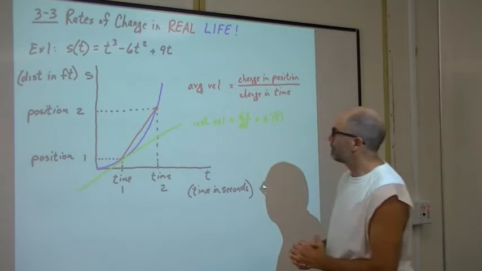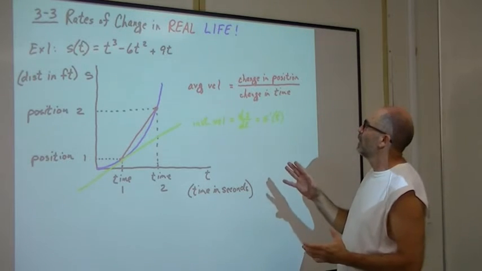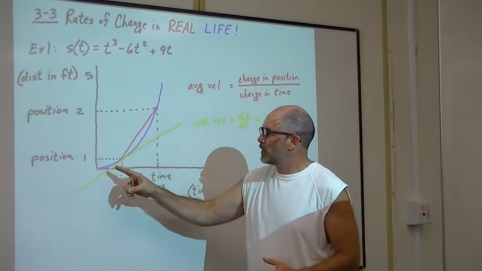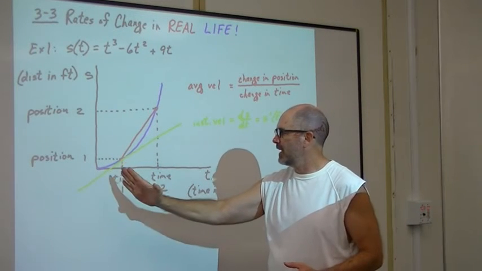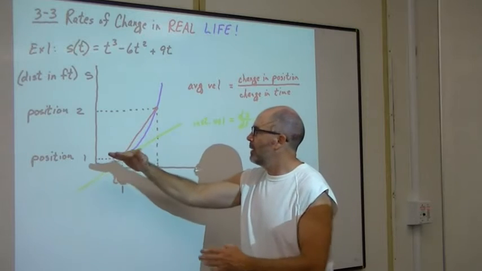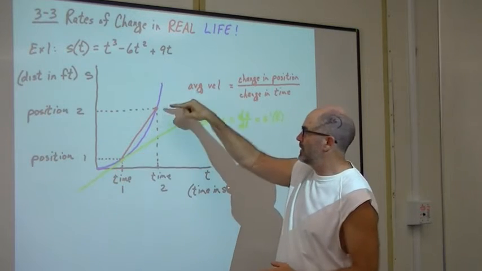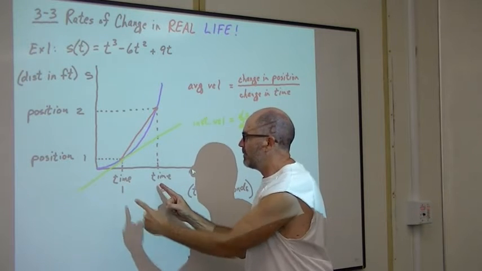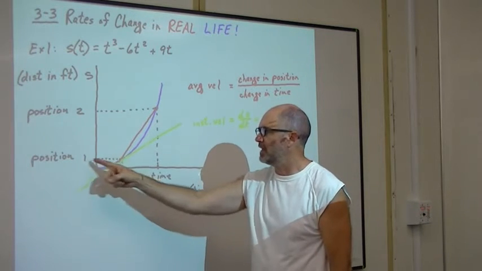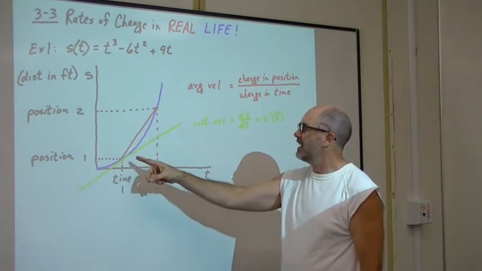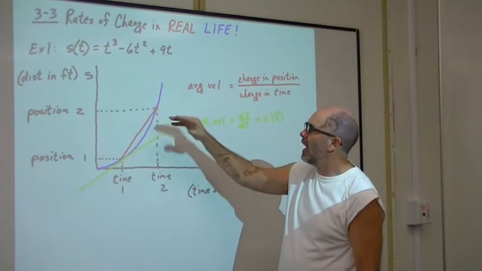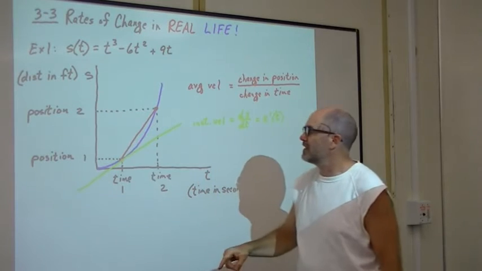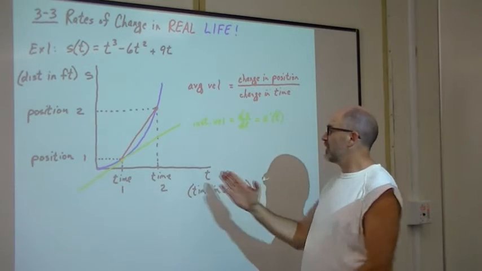Okay. So, first thing, we've got this particle that's traveling from position 1 to position 2 between time 1 and time 2. So at one particular time it's at a position, and then it moves upward some distance in feet over some length of time.